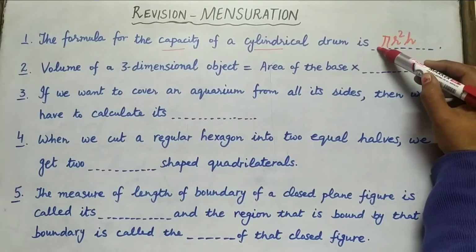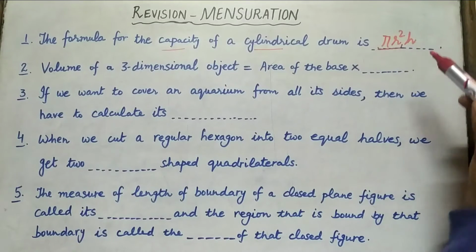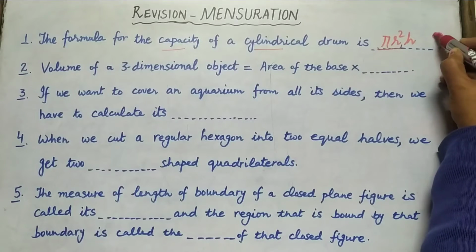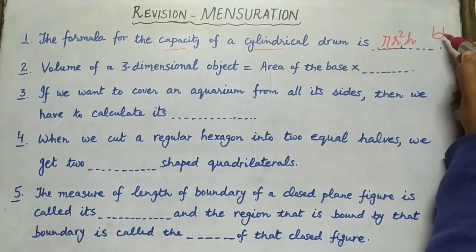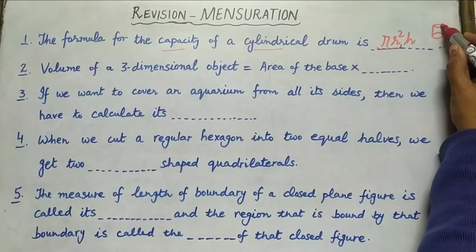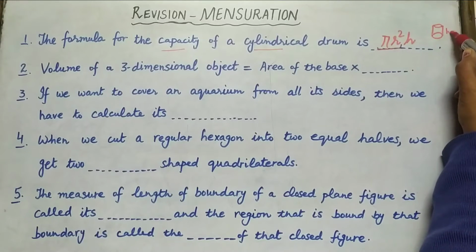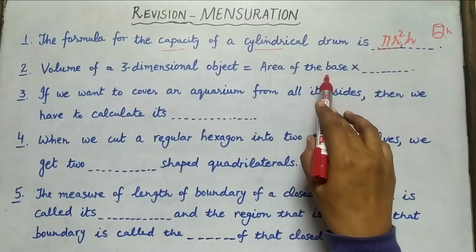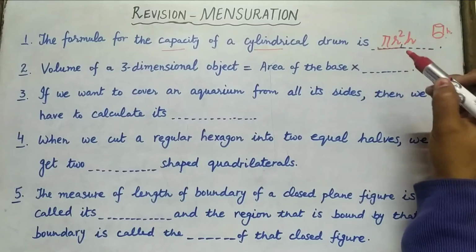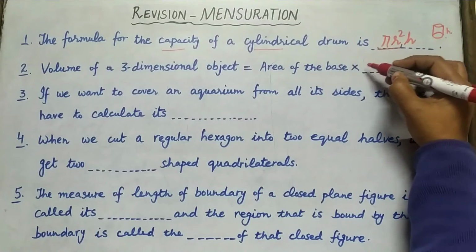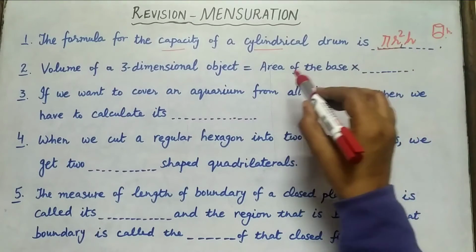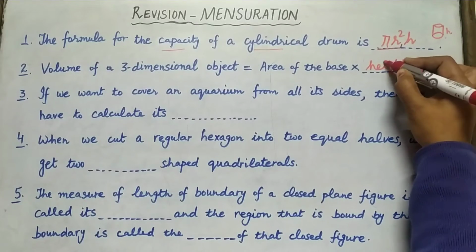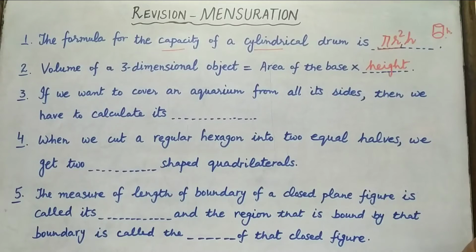Here, pi r square is the area of a circle because a cylinder has a circular base like this. So, area of base into h, where h is the height of this cylinder. Comparing this with the given question, area of base pi r square into h, height. So, our fill-up will be the area of the base into height of that three-dimensional object.